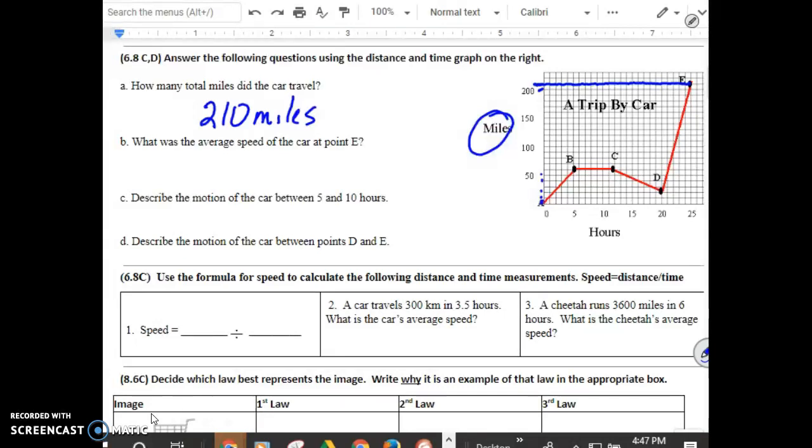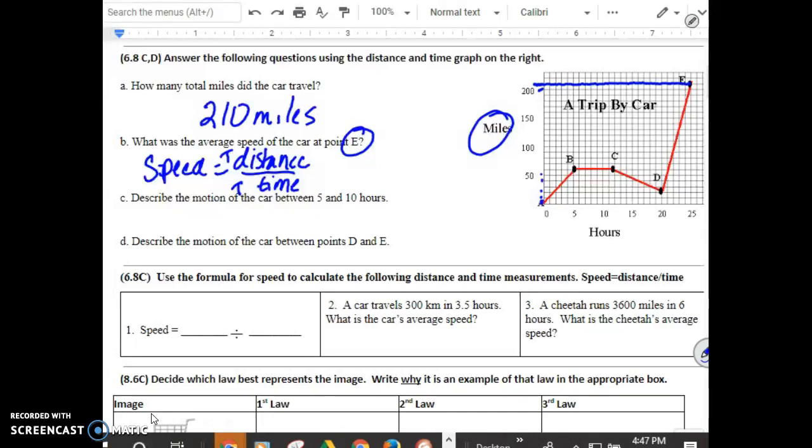Now, letter B, what was the average speed of the car at point E? Well, speed is equal to distance over time. And it's important, since it says at point E, the average speed is total distance over total time.